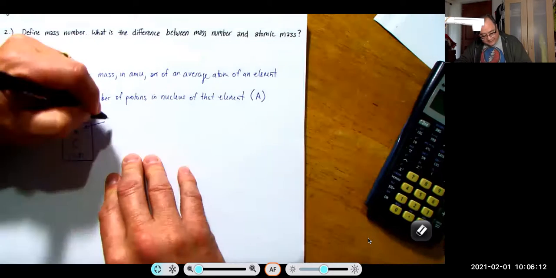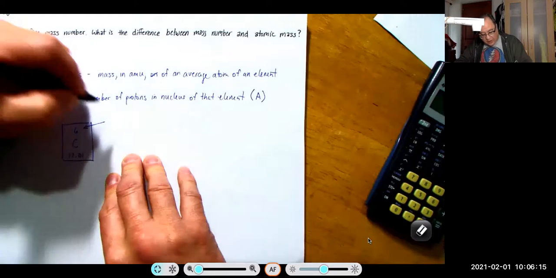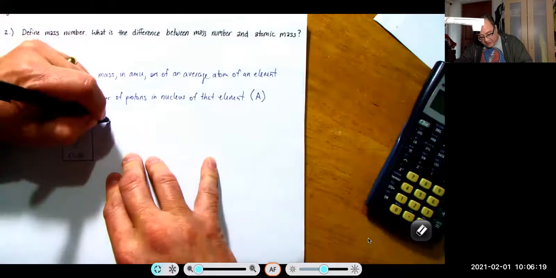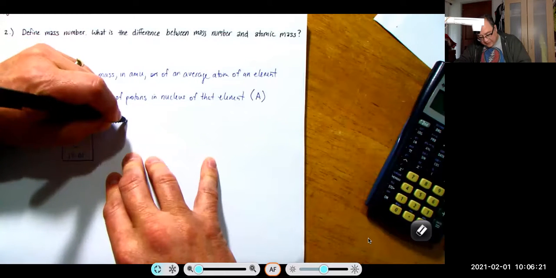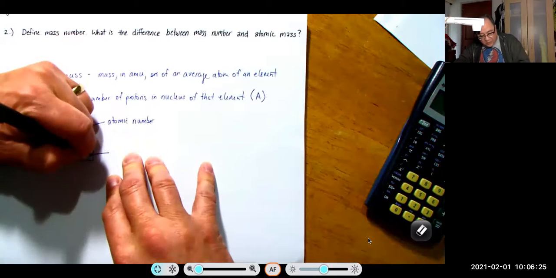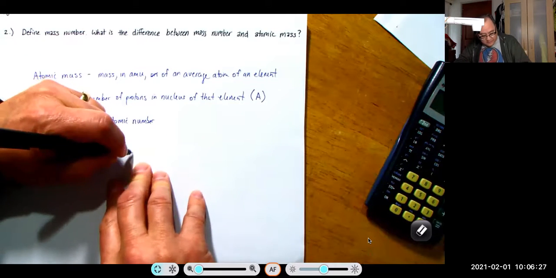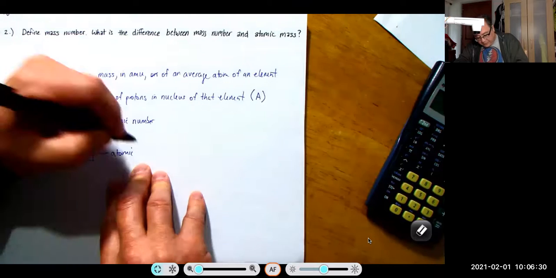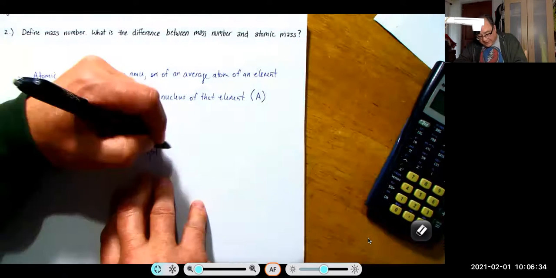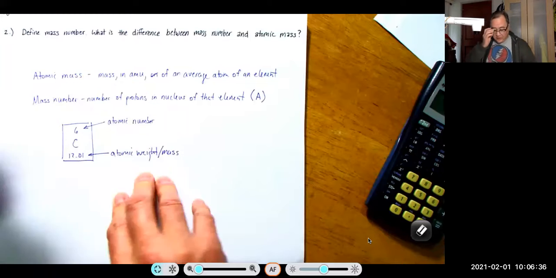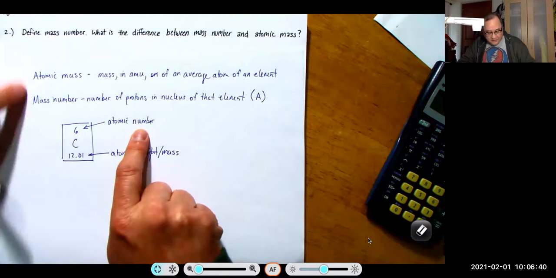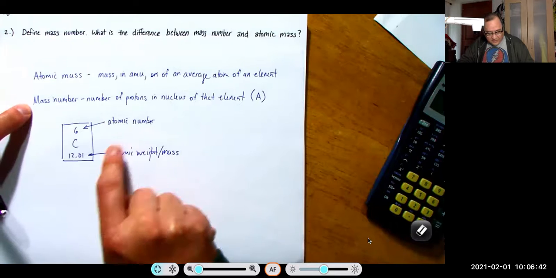Sorry, mass number is A. This is called the atomic number. And this is the atomic weight. I usually call it the atomic weight, but it's also called the atomic mass. You'll see I did not define atomic number above, but I wanted to point this out to you.